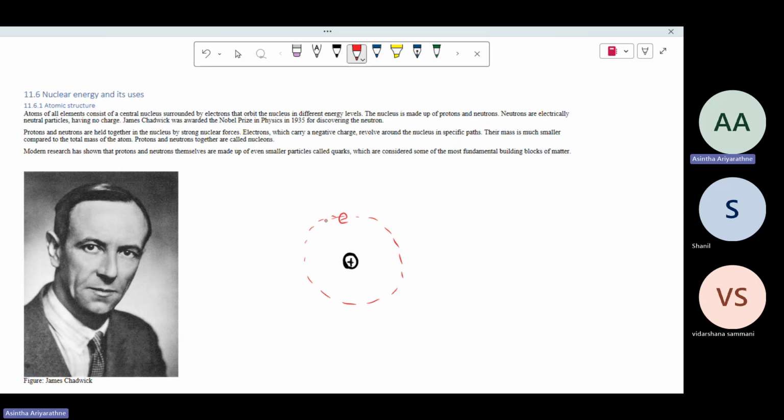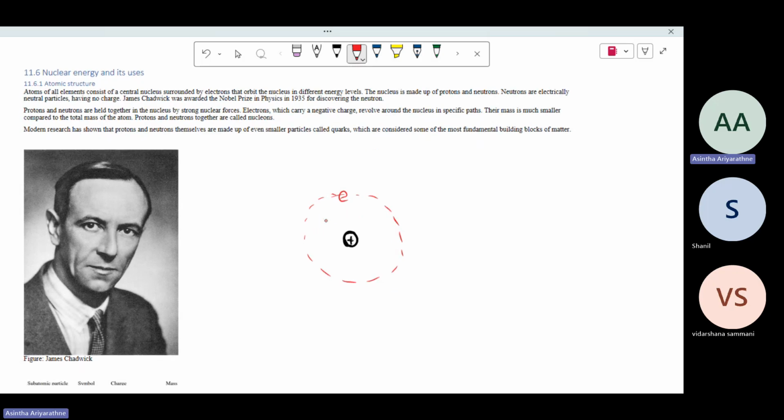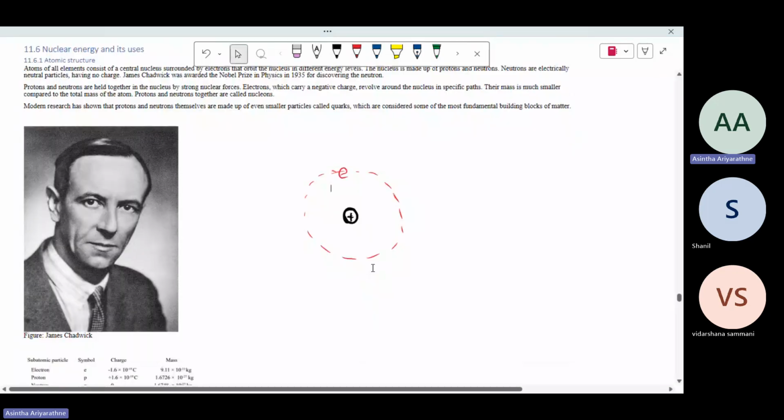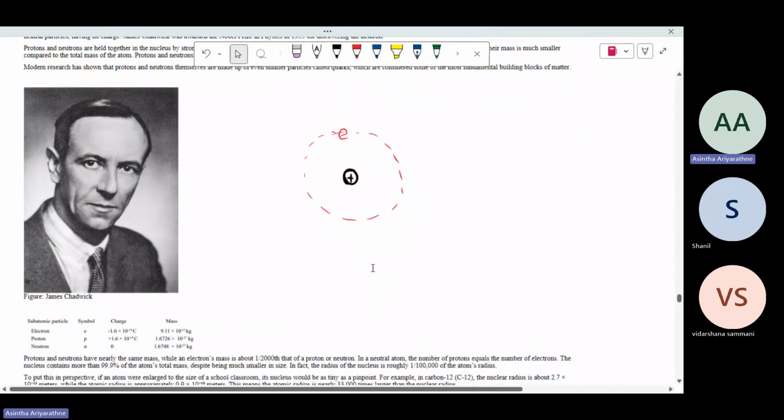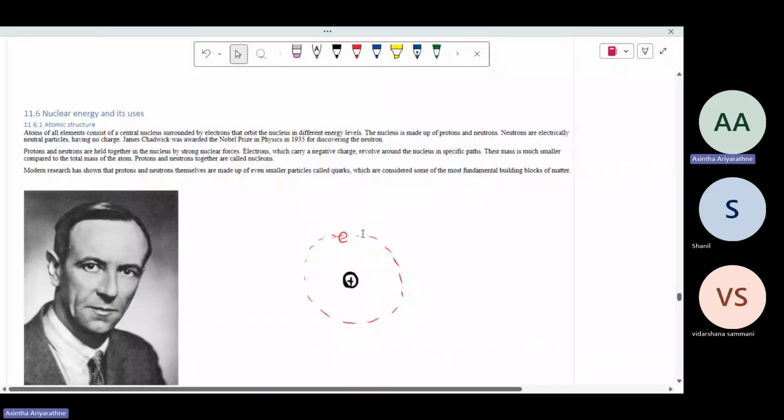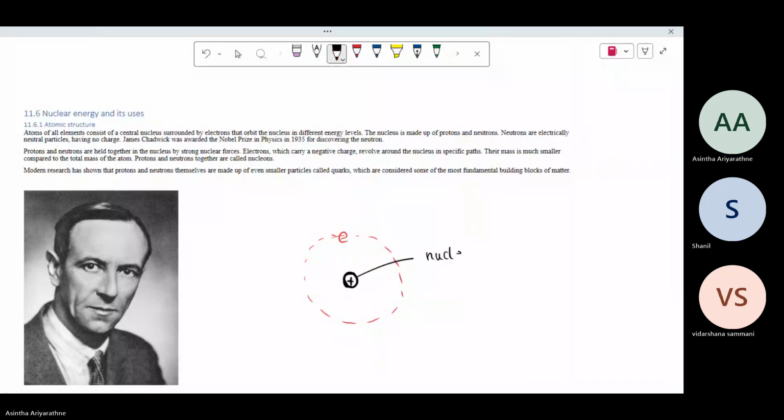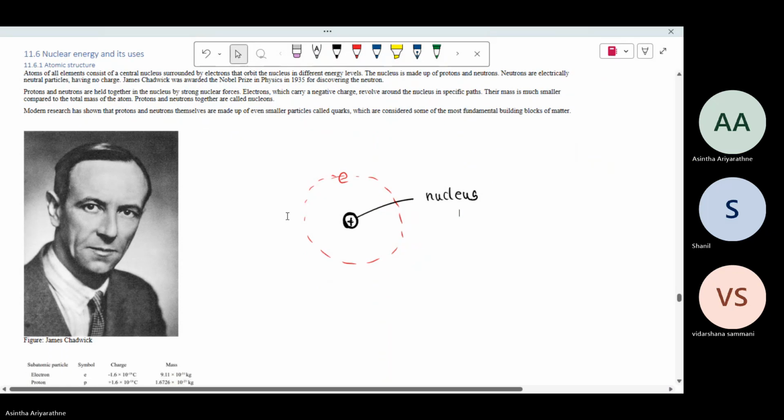Here we have the electron, and inside is the nucleus. The nucleus is basically made of protons plus neutrons, and electrons orbit around the nucleus.